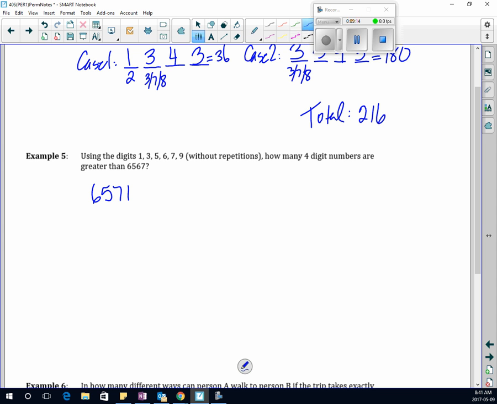You can't have repetition. Again, we can't have repetition, so we can't have 2 6s. Okay, so 6, 5, 7, 1 is the first biggest one.